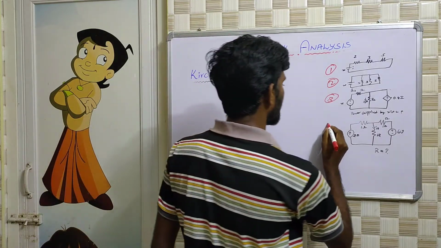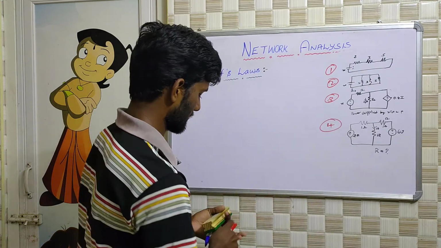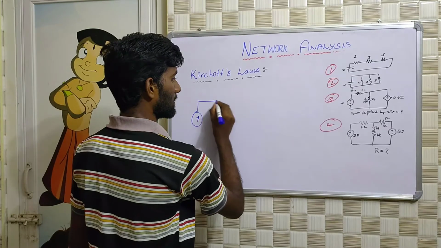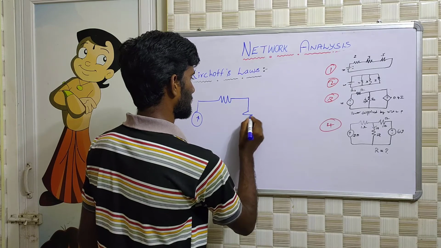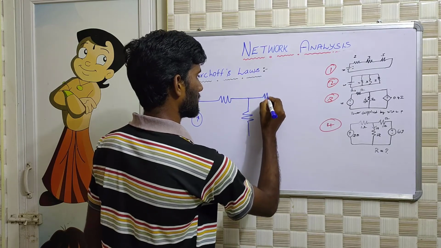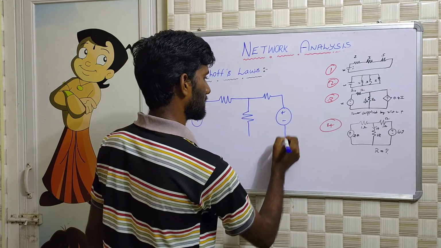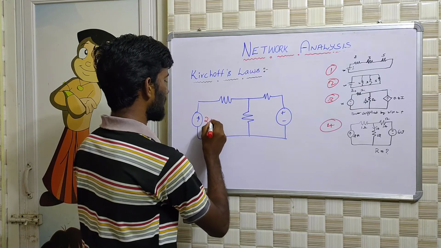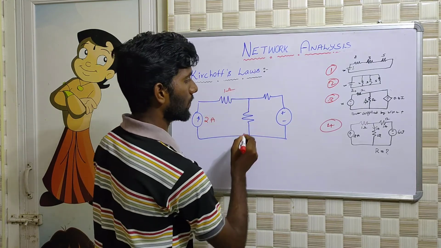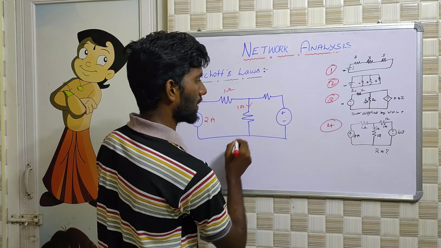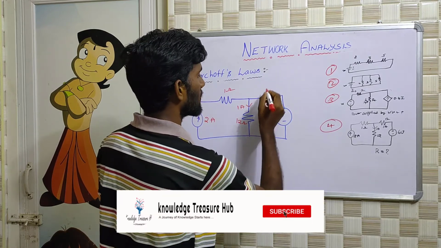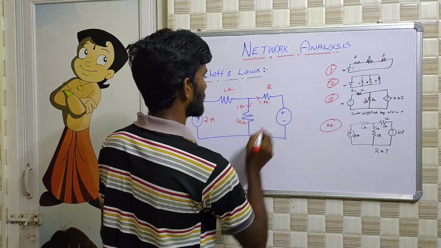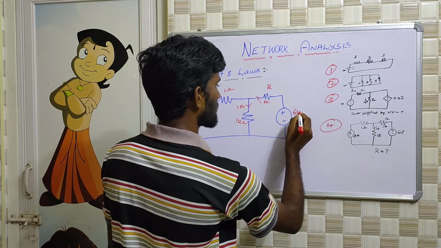So the last example, the fourth one. So this is 2 amperes, this is 1 ohm, this is 1 ampere current, so 12 ohms, this is R, here also 1 ampere, next 6 volts.